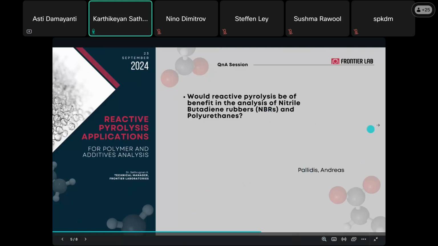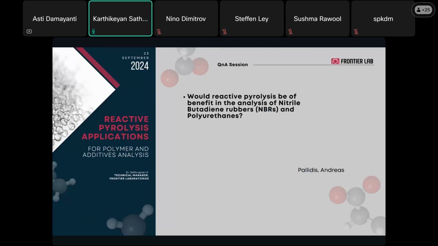Although with flash pyrolysis you may get a certain response factor, you can have more sensitive and more precise data with reactive pyrolysis for nitrile butyl rubbers, particularly polyurethane. I can straight away say yes, and for butadiene rubber I have to check, but in principle it should provide you such data.